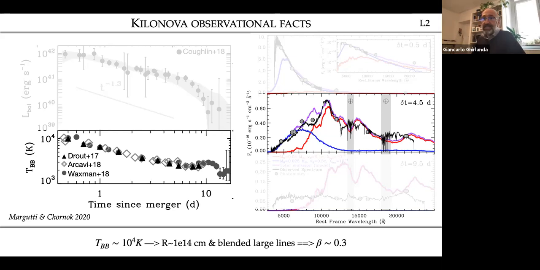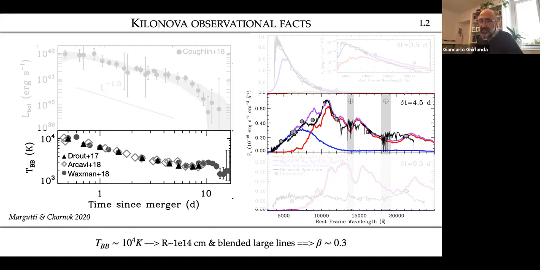Another implication that we can get, in this case from the temperature at the very early phases, is that the temperature of the black body being 10^4 Kelvin implies that more or less the source size should be 10^14 centimeters. And this requires that the material that is producing the emission we see should have traveled to that distance.